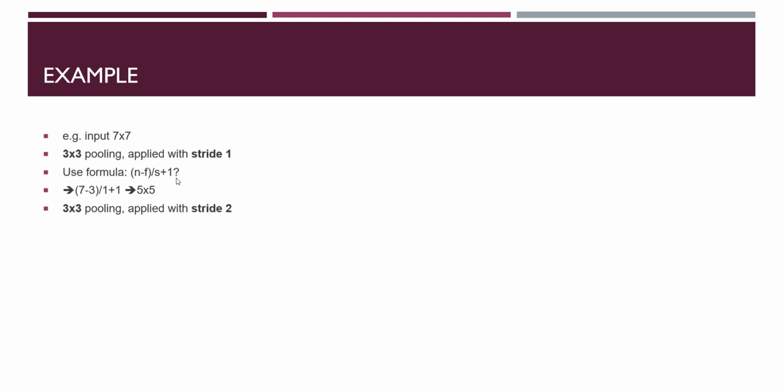If 3 by 3 pooling is applied with a stride of 2, then in that case the resultant output using that formula will be 3 by 3. So what is the general formula for the output shape after we apply pooling?